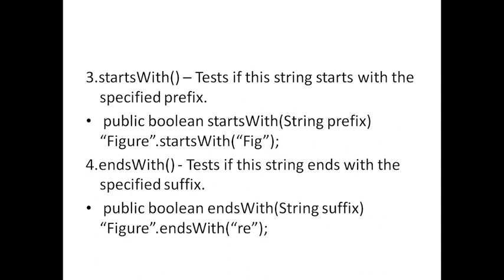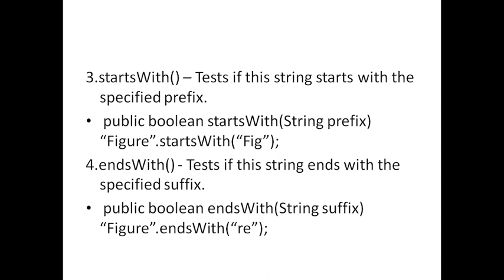And endsWith means it will test if this string ends with the specified suffix. So, for example, public boolean endsWith(String suffix). For example, figure ends with re. This will return boolean values, that means true or false. Figure.startsWith, inside this we are giving the value fig, that means it will return true.